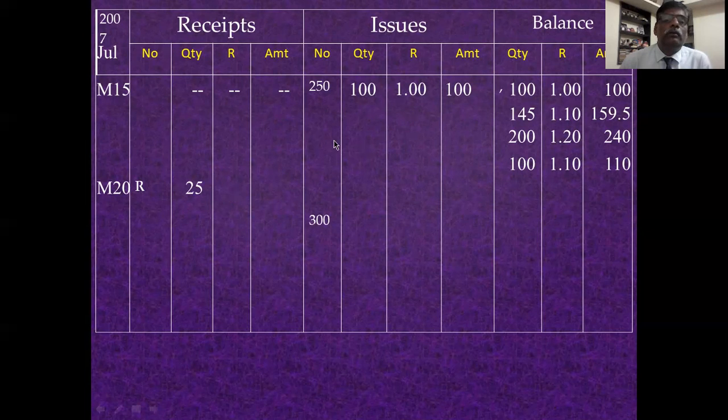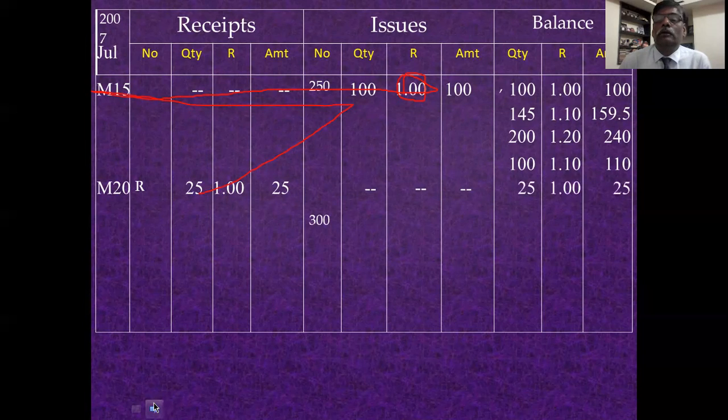So you take the return at 1 rupee rate. Its rate is 1, you take this rate here, 1 rupee. Then amount is 25 rupees. Then go to balance: 25 at the rate of 1, amount is 25.